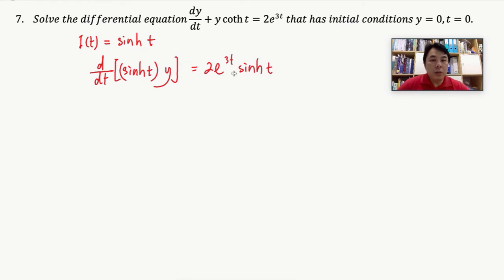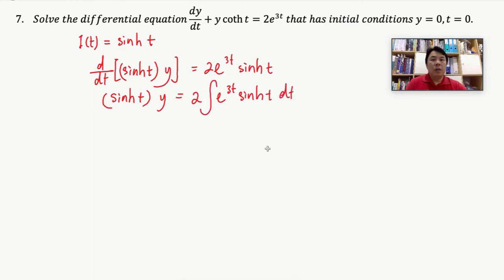Now, instead of using the definition here, I'm going to apply integration by parts on my right hand side expression here. Okay. So now I'm going to show you how to actually perform integration by parts for this, because in order to get a solution, sinh t y must be the same as the integration of this one here with respect to t.